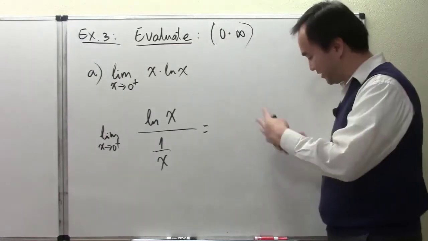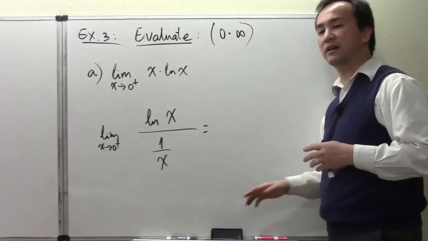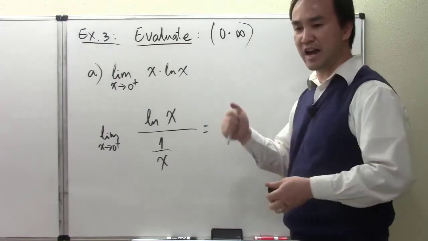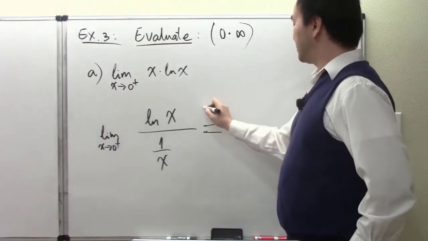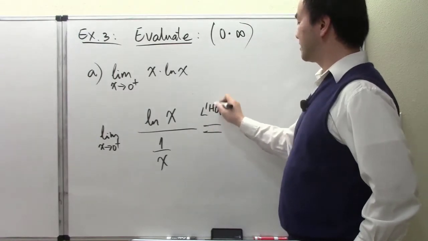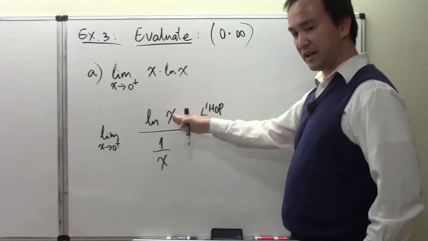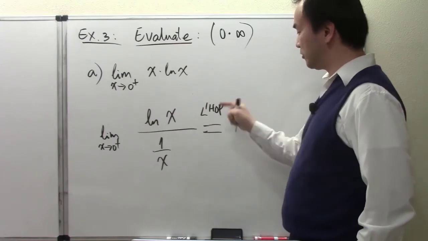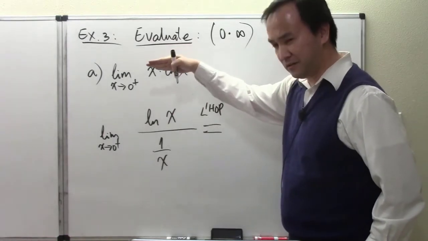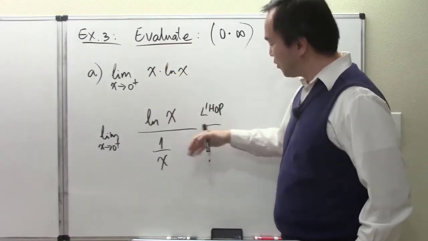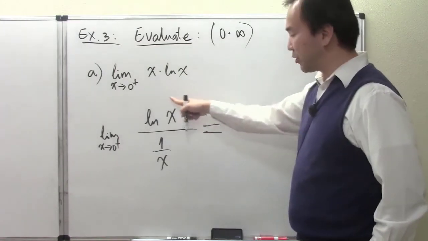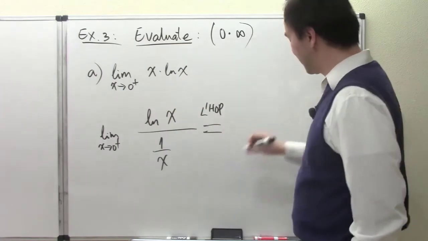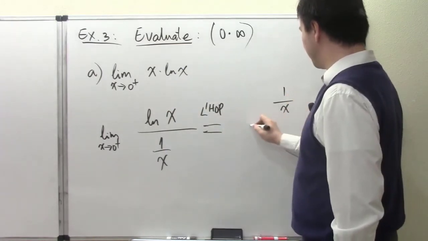It's required. It's just me up here. My board is so narrow, so I have to erase that and put in the actual step now. All right, now we can apply L'Hopital's rule. As long as we run into the indeterminate form, L'Hopital's rule says I can create a brand new problem where the numerator comes from the derivative of natural log of x, so it's now 1 over x.